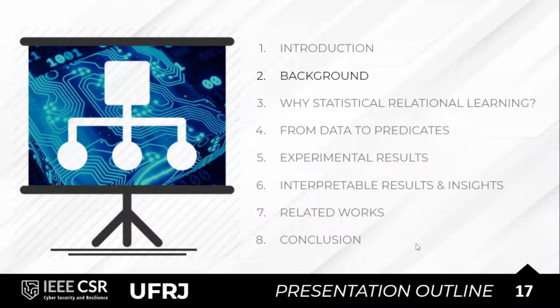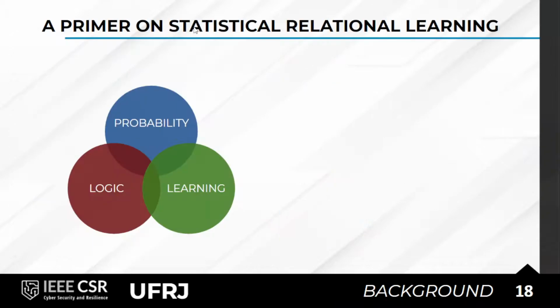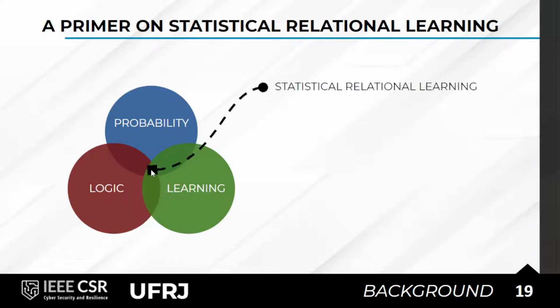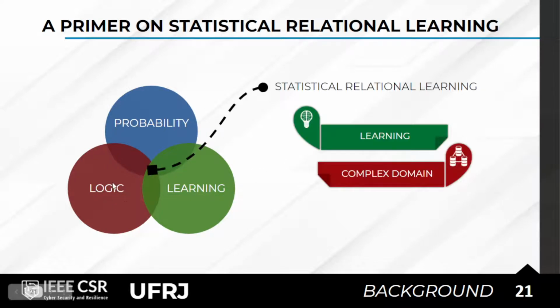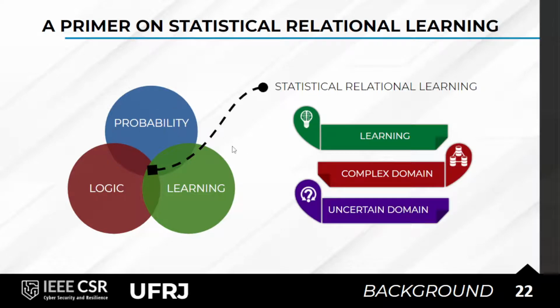Let me introduce you to some concepts now. Firstly, I'm going to talk about statistical relational learning, which is a subfield of artificial intelligence and acts exactly in the intersection of these three dimensions. That is, it allows learning to be carried out in a complex domain where there are several heterogeneous objects and relationships between these objects, and where there are uncertainties about this information.